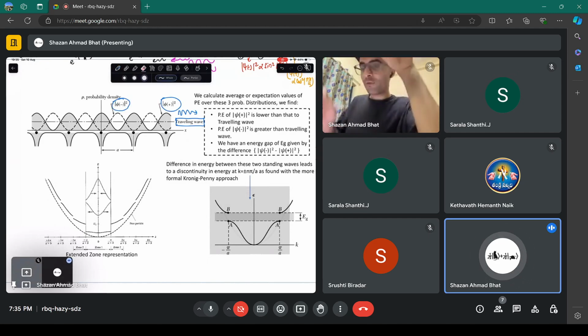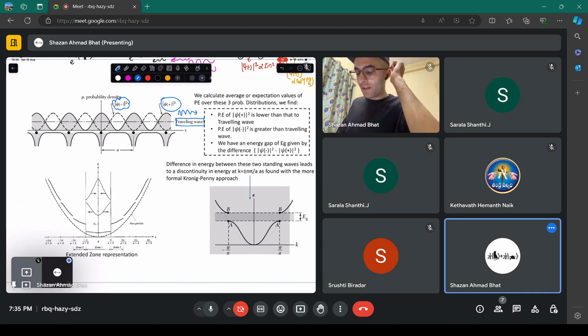Otherwise, we earlier considered the traveling wave, with certain electrons going in this direction and certain electrons going in the other direction. That is how this psi minus and psi plus picture comes in this schematic. And because of different electrons localized around atoms and in between the atoms.